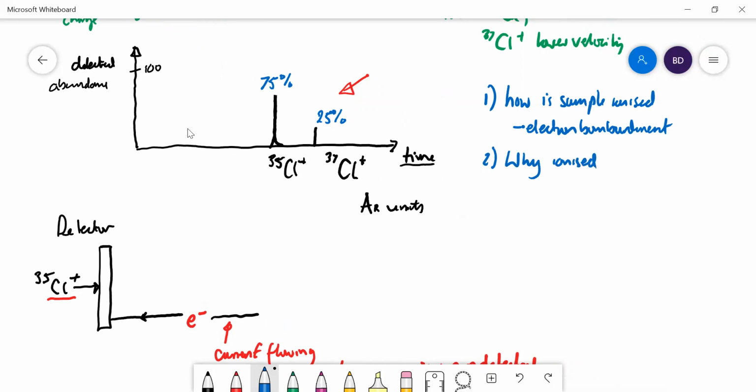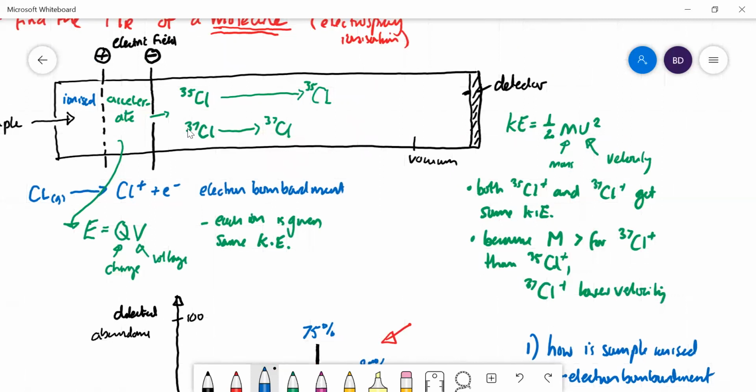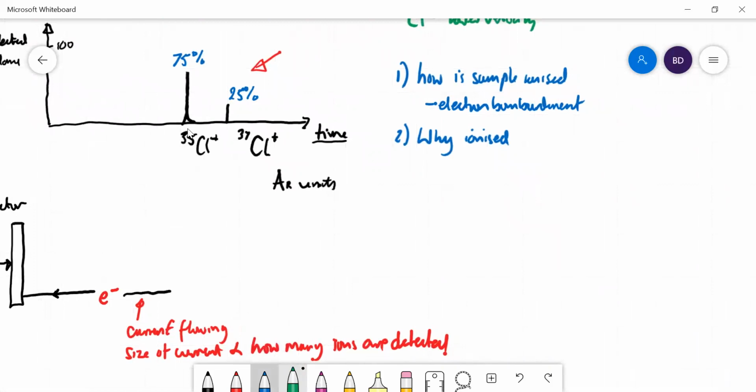Well, if it wasn't ionized, it wouldn't be positively charged, and it wouldn't be accelerated, would it, up here in this bit? You wouldn't get any acceleration here. So that's why it needs to be positively charged, okay? Why ionized? So it can be accelerated.